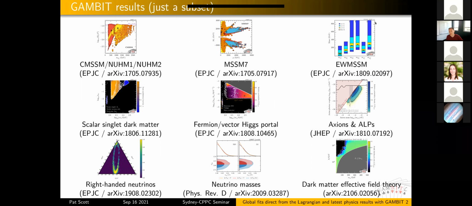And what's effectively an electroweak effective field theory, various Higgs portal models, axions and ALPs, different neutrinos. So we have the best limit on the mass of the lightest neutrino so far, for example. And the one that I'm going to talk a bit more about today is this dark matter effective field theory fit that came out earlier this year.